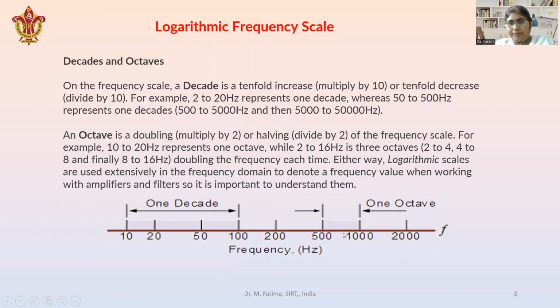Similarly, if 500 is taken as a reference and it is multiplied by 2, the value will be 1000. So from 500 hertz to 1000 hertz is one octave. These octaves and decades are used in the slope of the frequency response of filters.